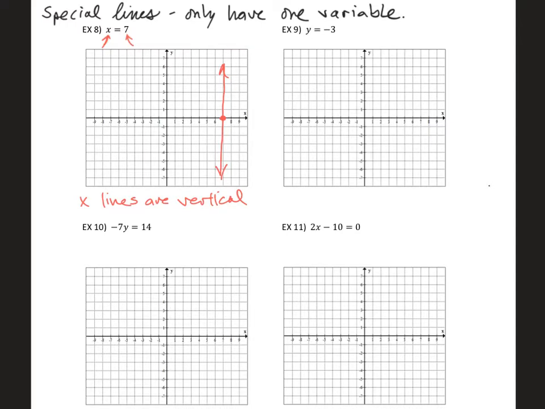On the other hand, you can have a y equals line, just the y variable, but it's the same idea. You find this number on this axis. So find -3 on the y-axis, which is right there. And you have to just remember that y lines are horizontal.